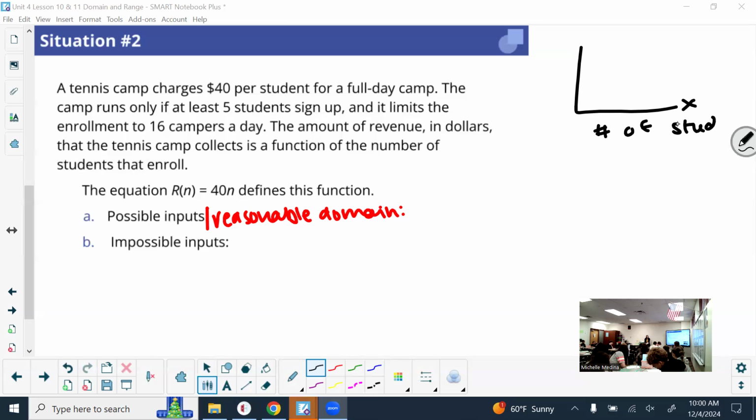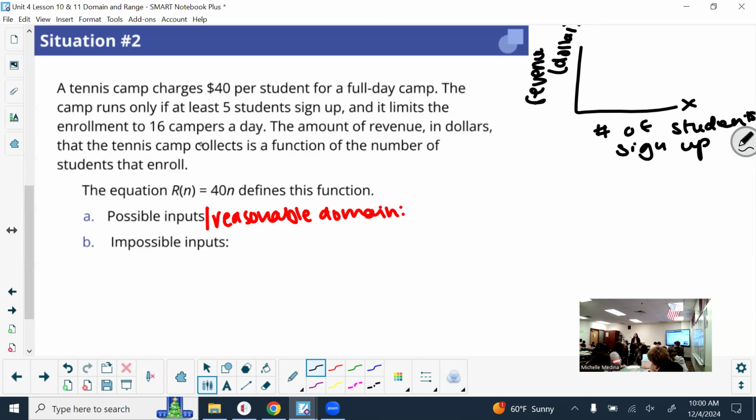It's not necessarily just going to be 5, but number of students that sign up. That is independent. What is dependent is the revenue in dollars, because that would obviously depend on how many people sign up, right? Does that make sense? So figure out what's dependent, what's independent. That, to me, I think is the most helpful, but maybe not for you.